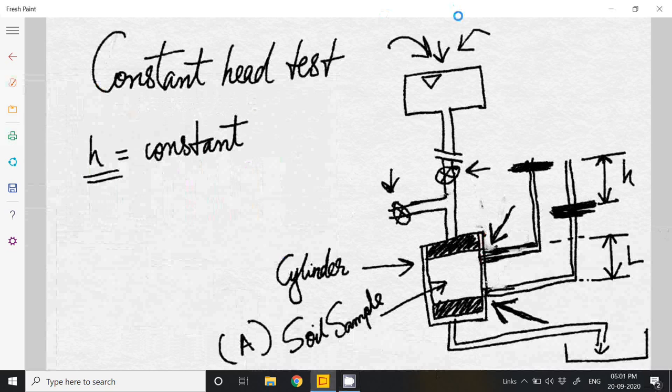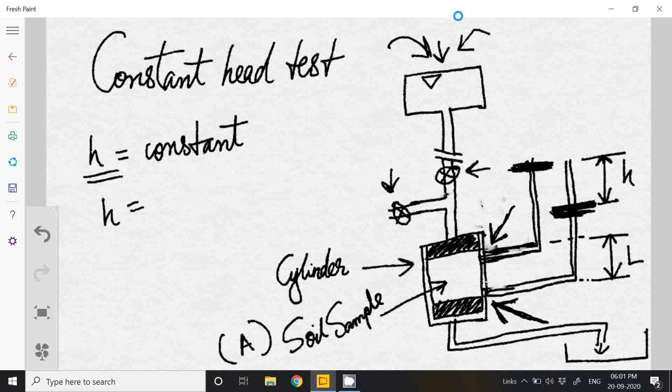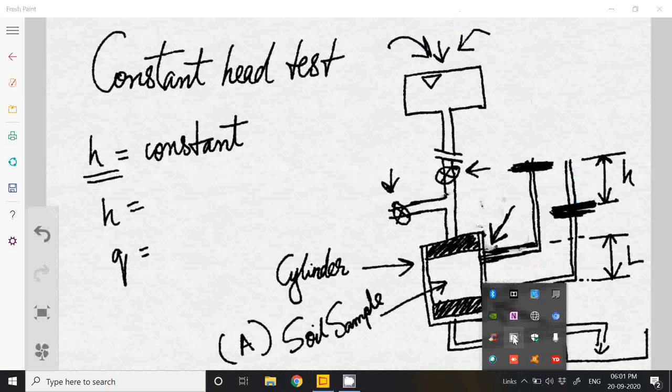At that point of time, we have to note down what is H. Then Q also we can find out, because the flow will be controlled by us. So ultimately, if we use these values into the equation, how will it look like?